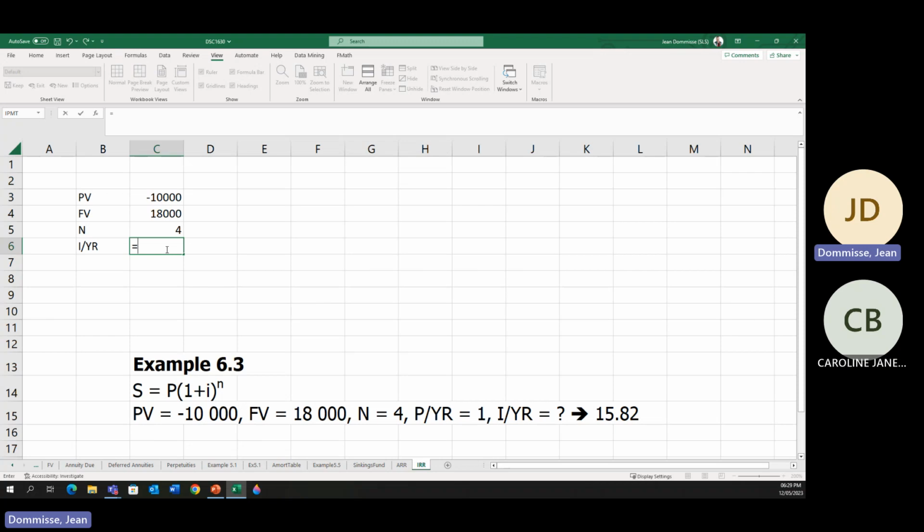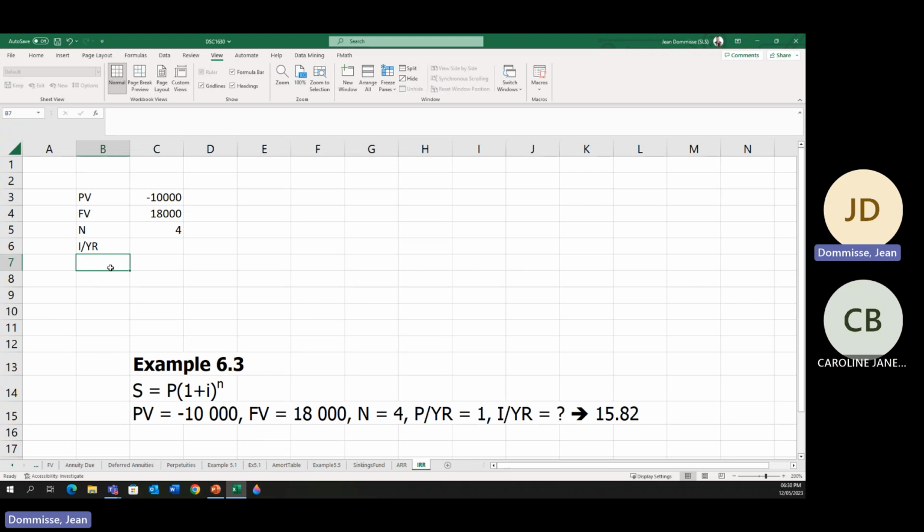Now I'm actually wondering if Excel will do this for me. I don't think so. Okay, so we will need to work it out firstly with the financial calculator. I now need to look for what the formula is that we're going to use for the internal rate of return.